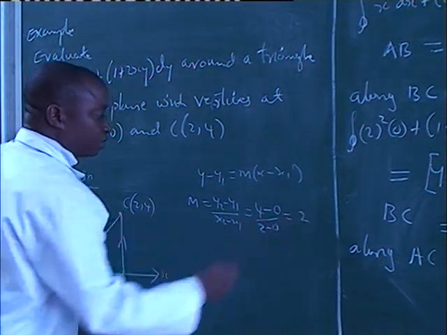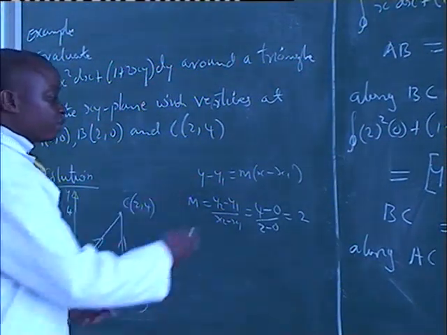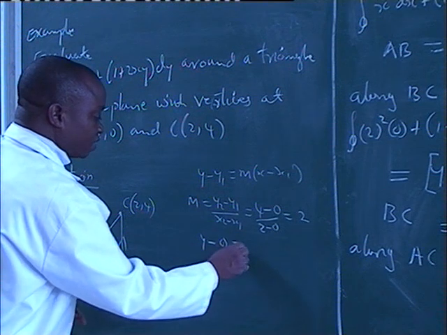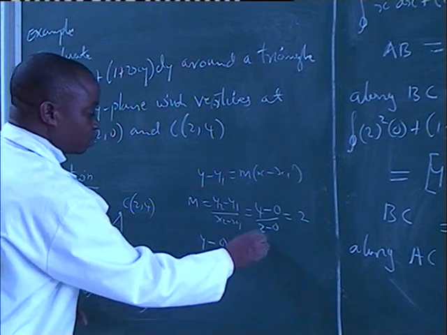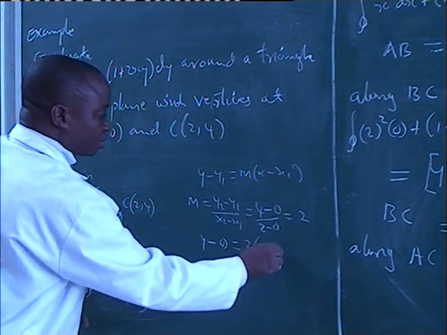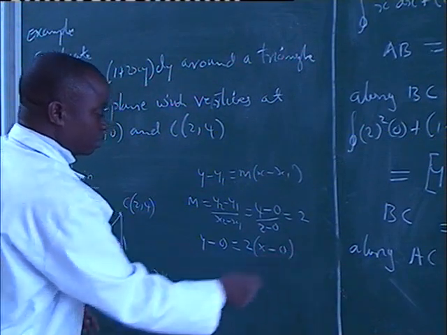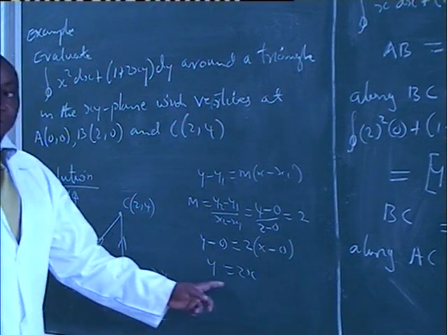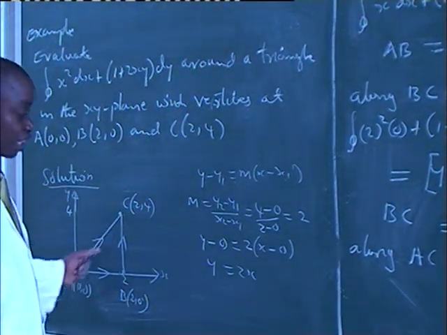So the gradient is 2. Now, for the equation of the line, we have y minus y1, which is 0, is equal to m, here is 2, times x minus x1, which is 0. So we have y is equal to 2x. So that is the equation of this line.